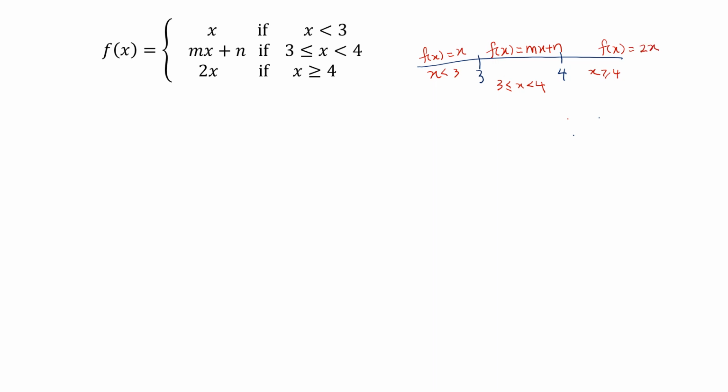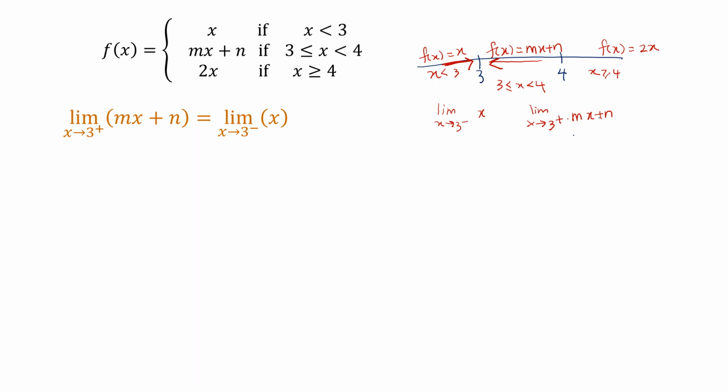It means that when we want to evaluate the limit as x approaches 3 from the left, the function f is x. And if we want to find the limit as x approaches 3 from the right, the function f is mx plus n. Then substitute the value of x and we get our first equation, which is 3m plus n equal to 3.